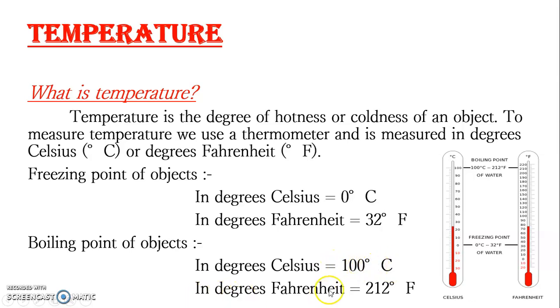In degrees Fahrenheit, it is 212 degrees Fahrenheit. So these are the boiling points of an object, 100 degrees Celsius and 212 degrees Fahrenheit, while these are the freezing points of an object, 0 degrees Celsius and 32 degrees Fahrenheit.